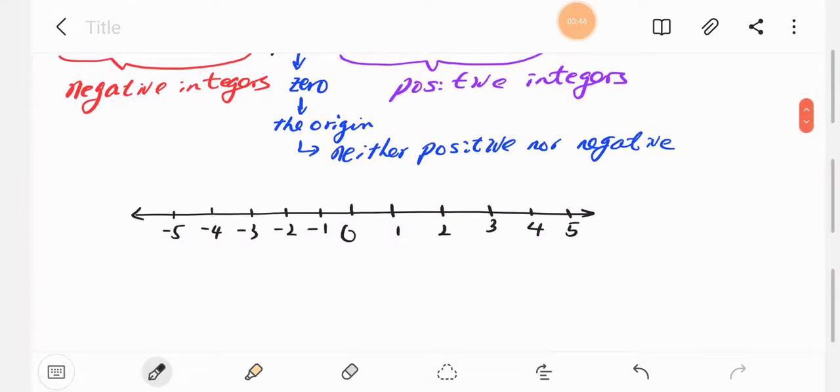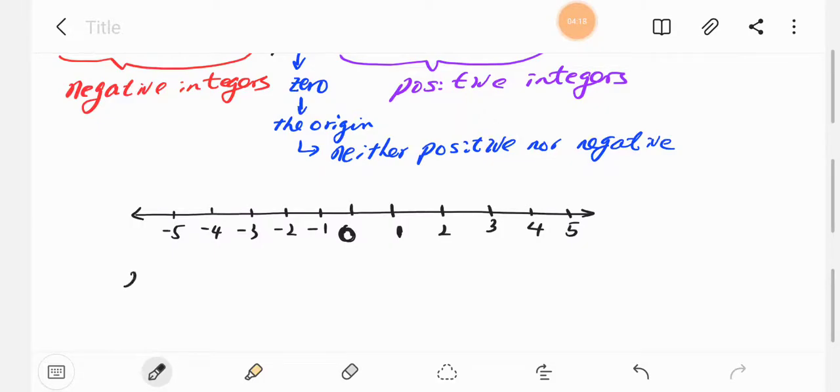Any number that is to the right of another number is always larger. So 1 is placed to the right of 0, so 1 is greater than 0. And 4 is greater than 3. 4 is greater than any number to the left of 4. The right side is larger than the left side.